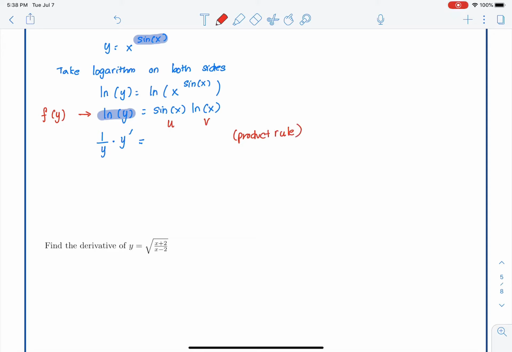U is sine x, and v is ln of x. U prime would become cosine x, and v prime would be 1 over x. So product rule is u v prime plus v u prime.